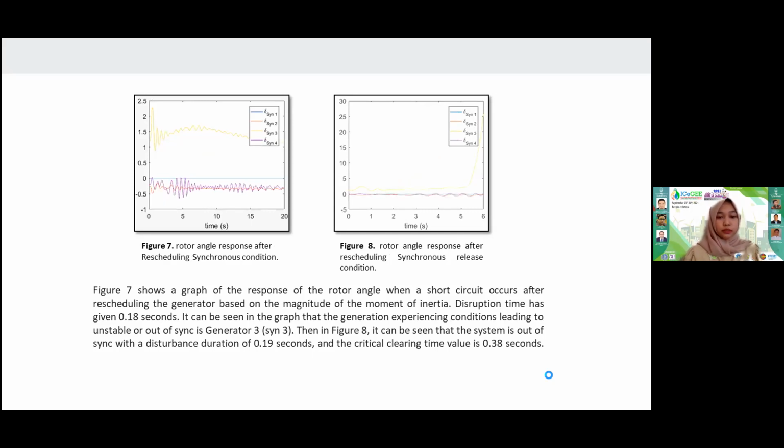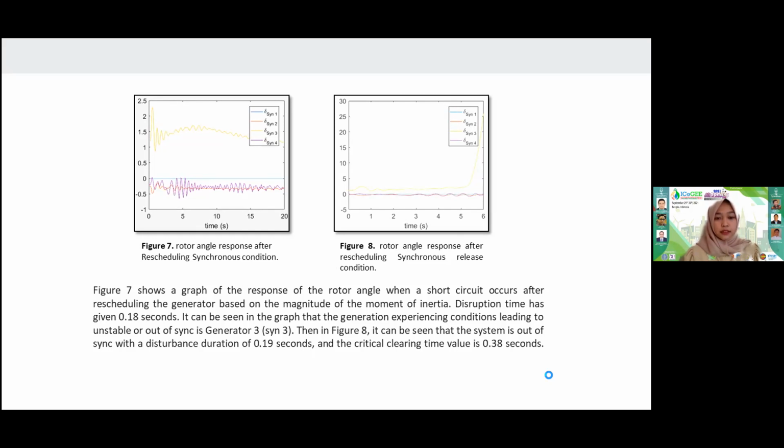Figure 2 shows a graph of the response of the rotor angle when a short circuit occurs after rescheduling the generators based on the magnitude of the moment of inertia. Disruption time is given as 0.18 seconds.